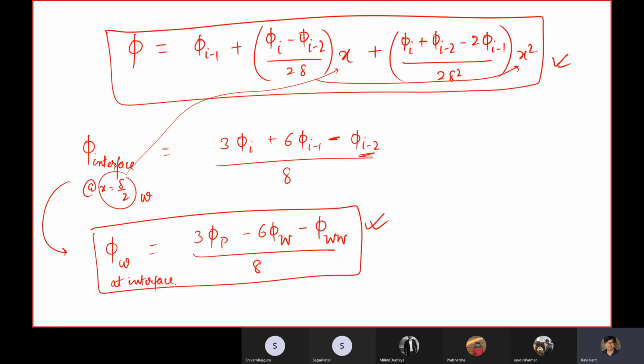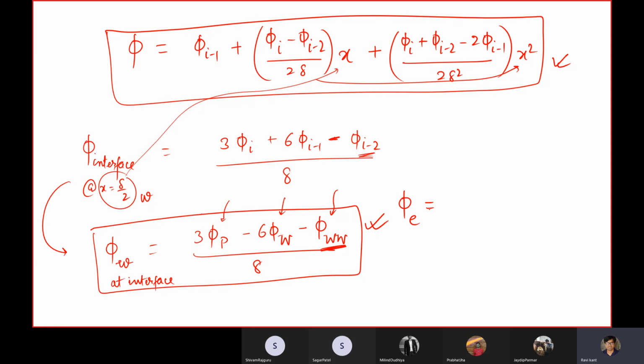Isn't it beautiful? Now you can see this phi interface value, or the face value, is not only dependent on P's or W's or some sort of average, but it has some contribution of the neighboring node also. Similarly, we have phi E interface also.